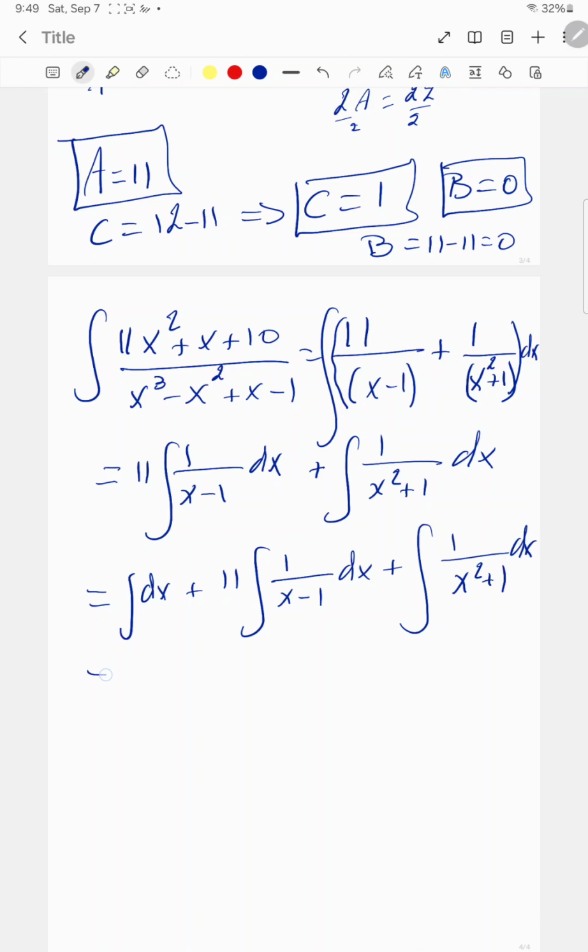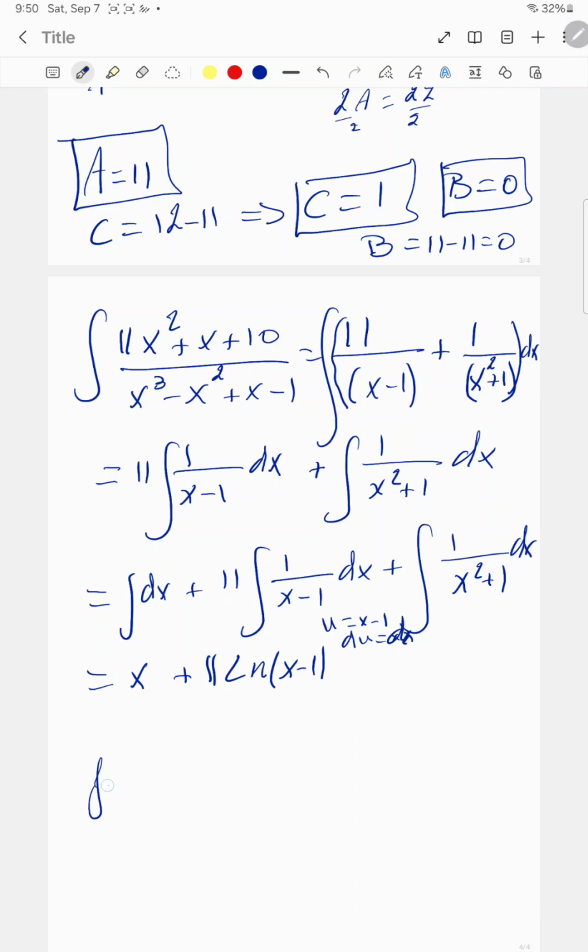So that integral of dx is equal to x plus 11 ln of x minus 1, because I can take u equal x minus 1, so du equals dx, and I have 1 over u, which is ln of u, and I replace u by its value, which is x minus 1. And then here, this is a trigonometric formula.